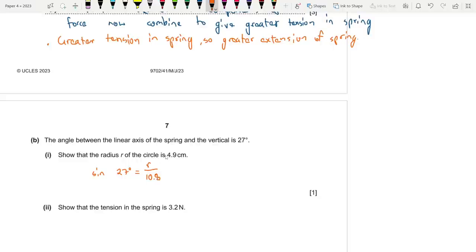So r is equal to 10.8 times sine 27, which to two significant figures, since our data is given to 2 SF, is 4.9 cm.